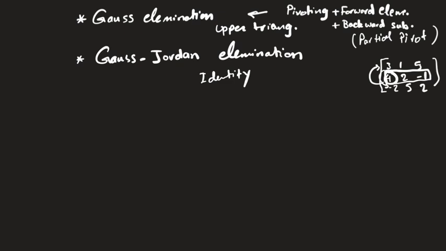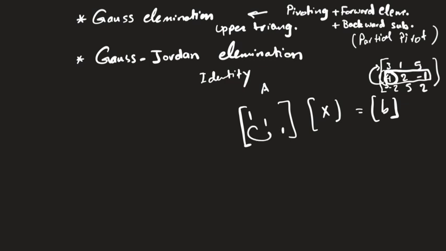But the important thing is, imagine that you started with the A matrix, and then you have the X's, and then you have the B. If you make the A matrix become an I, which means that you have 1, 1, 1 on the diagonal and zeros everywhere else, then you no longer need to substitute. Every single row will give you the immediate value of one of the variables.